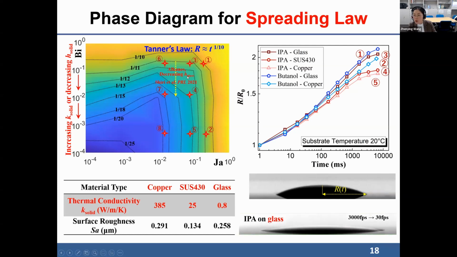Decreasing the thickness of the glass substrate corresponds to a decreasing Biot number, which can be explained in this phase diagram. In this work, they also observed a slowdown of the spreading with decreasing substrate thickness, which corresponds with our prediction based on this phase diagram. And this is the substrate conductivity.